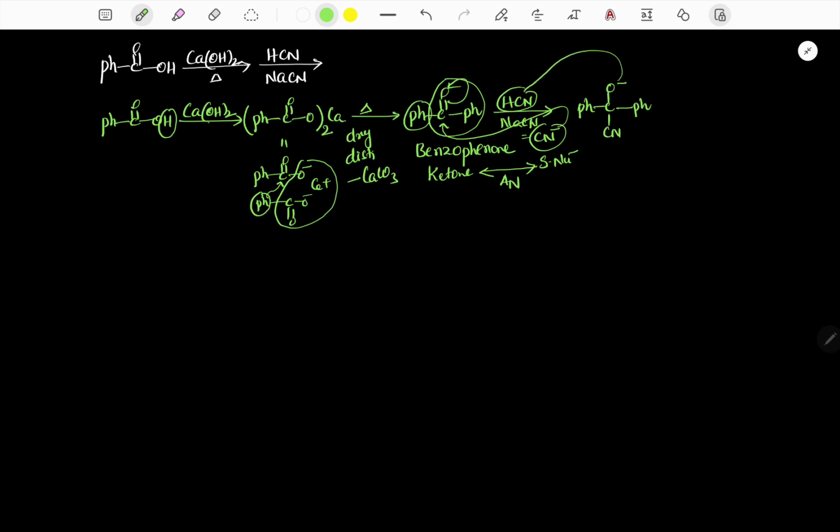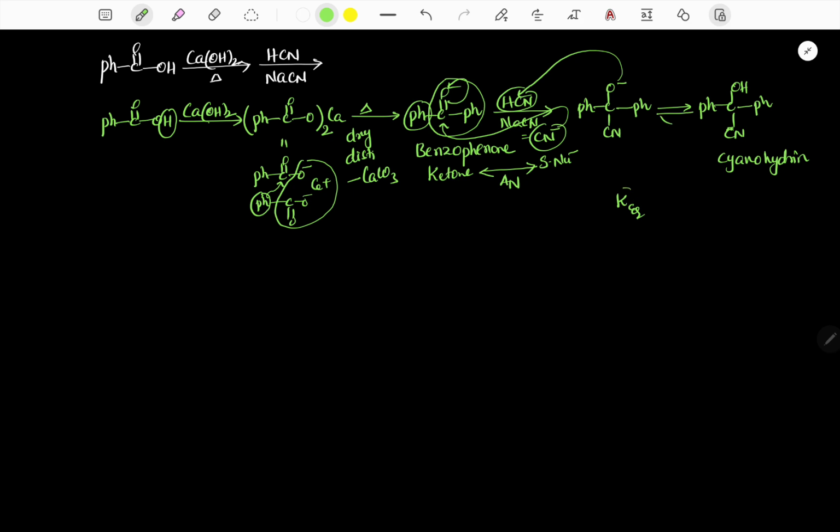Now it will take the proton from HCN and form the corresponding product like this. If the same carbon is connected to OH and cyanide, this kind of functional group is known as cyanohydrin. K equilibrium, it is a reversible reaction.